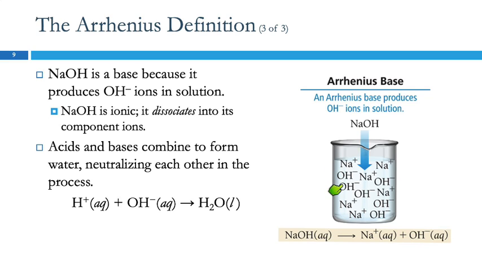It produces hydroxide ions, so it's an Arrhenius base. When the hydroxide ions formed by a base encounter the hydrogen ions formed by an acid, they will combine with each other and form a water molecule. So the acid and the base neutralize each other, or annihilate each other.